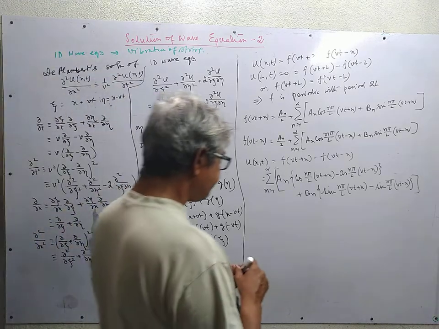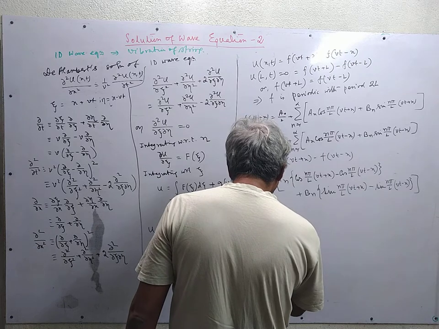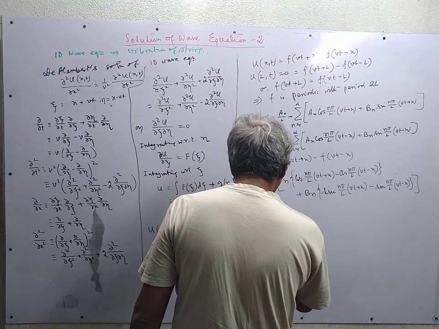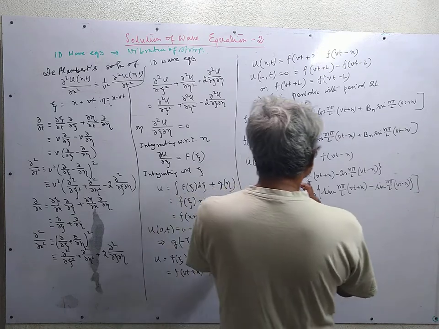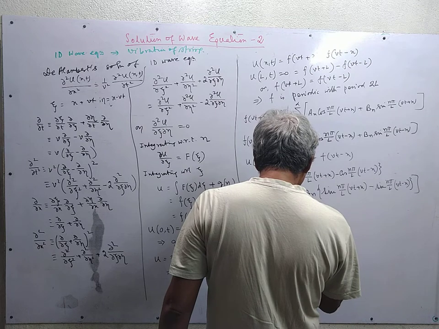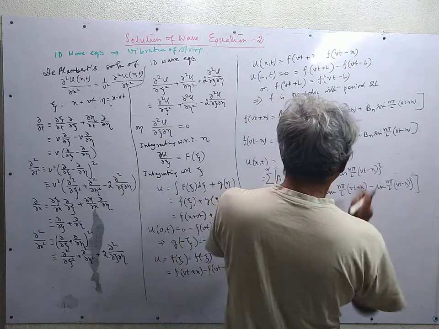Now this is this part. This is twice an cos this minus this.